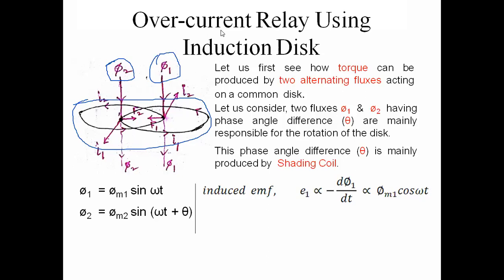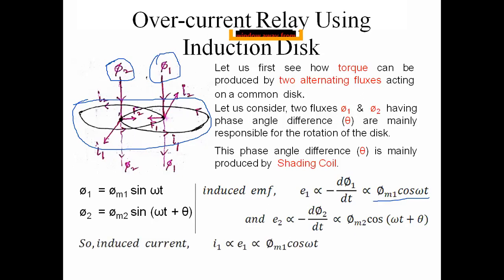If we take the derivative, we get this expression. Similarly, the second induced EMF E2 is proportional to minus d phi 2 by dt, that is phi m2 cos(omega t plus theta). So these are the two induced EMFs, E1 and E2.